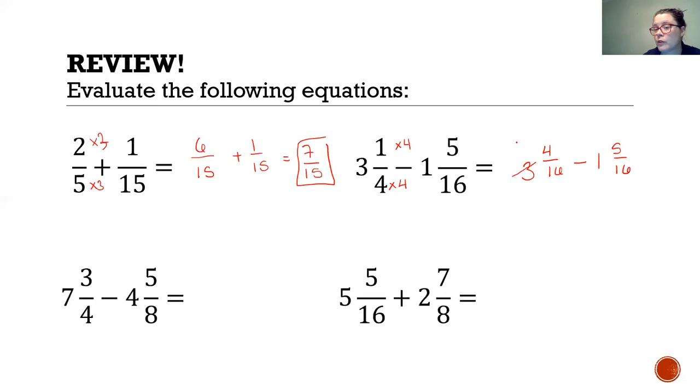So I'm going to borrow 1 from the 3. That 3 becomes a 2 and add 16 to my numerator. So now I have 2 and 20 over 16. That's the same as 3 and 4/16 minus 1 and 5/16. Leaves me with 2 minus 1, leaves me with 1. 20 minus 5 is 15/16.